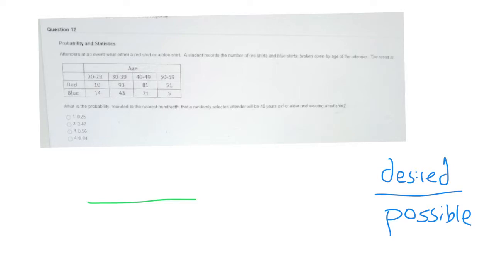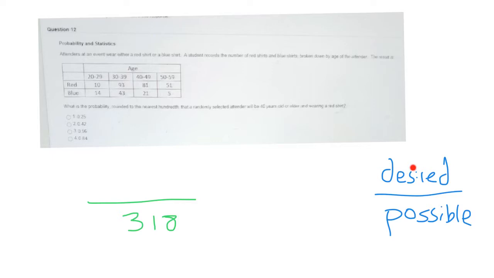Unfortunately, we're going to have to add this. Let's see, we're looking at 24 plus, I'm going to pause the video and add this right now. Okay, so I added up the total amount of people that we're even looking at, and it turns out that it's 318.